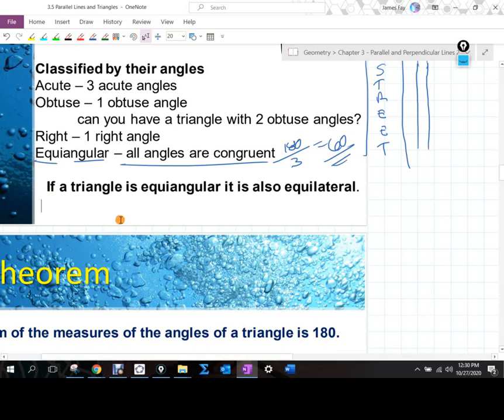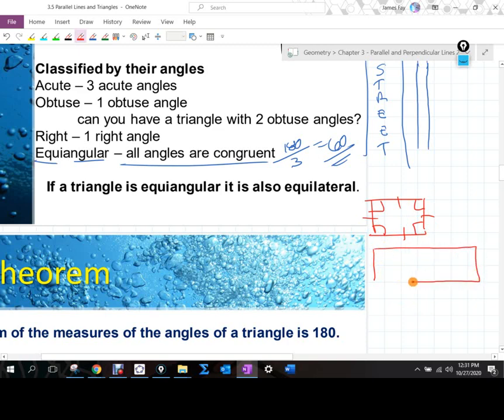Now, here's my question: are other shapes that way? What is a shape that has four sides that is equiangular and equilateral? A square. If I look at a square, all those sides are the same and all those angles are the same, right? What is a four-sided figure that is equiangular but not equilateral?